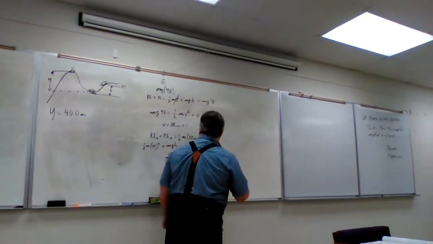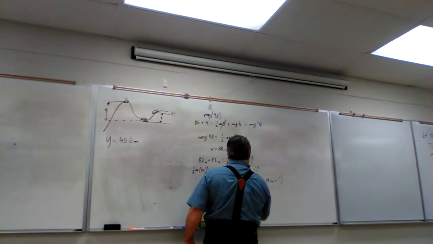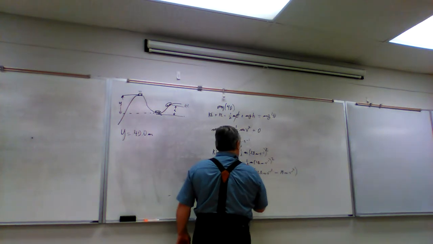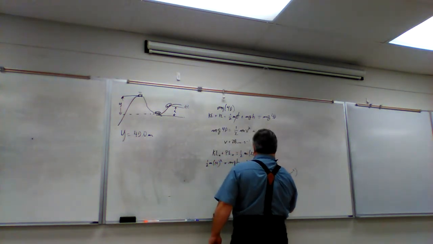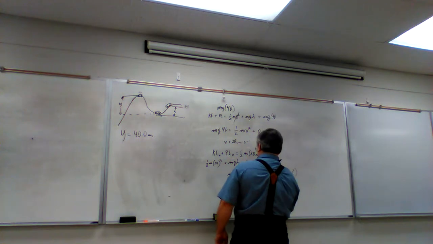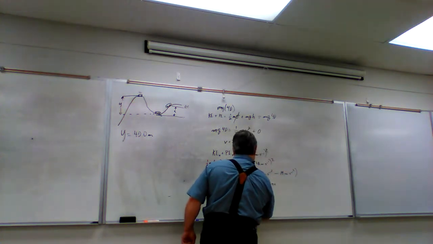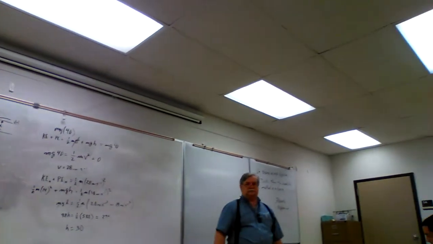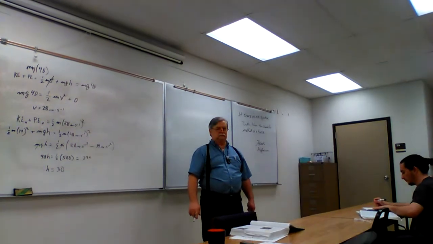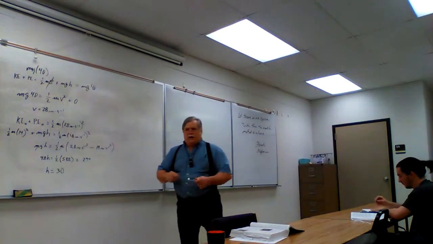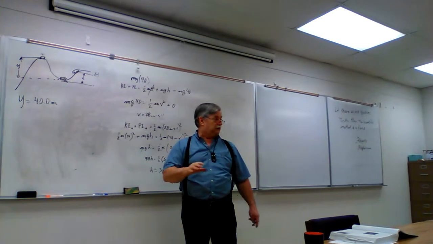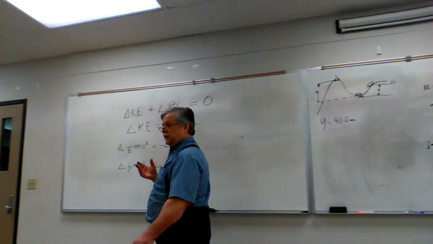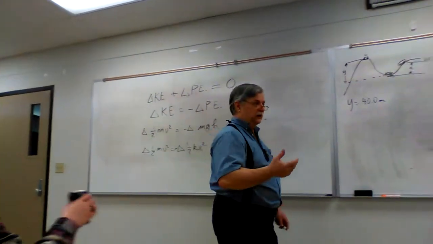Say again? 588. And divide that by 2. 294. And if we divide 294 by 9.8, equals exactly 30. So, as long as you're careful not to get ahead of yourself, do you see how this can greatly simplify working out problems like this?